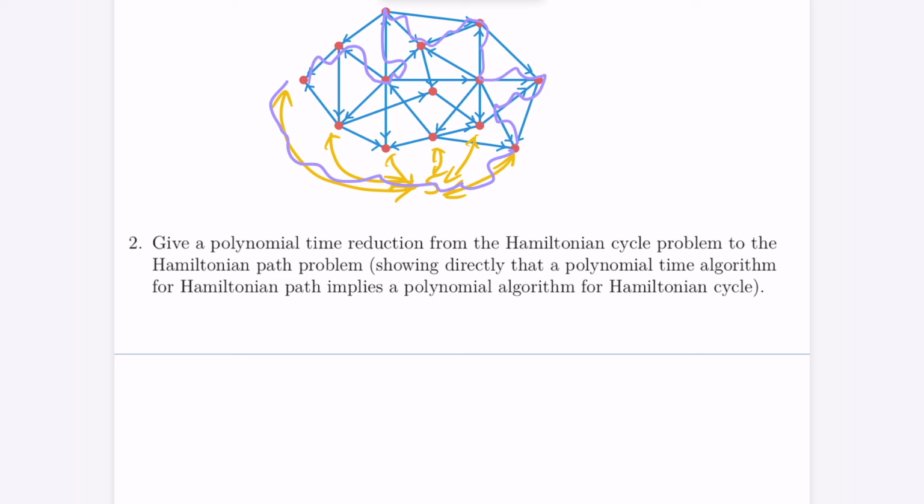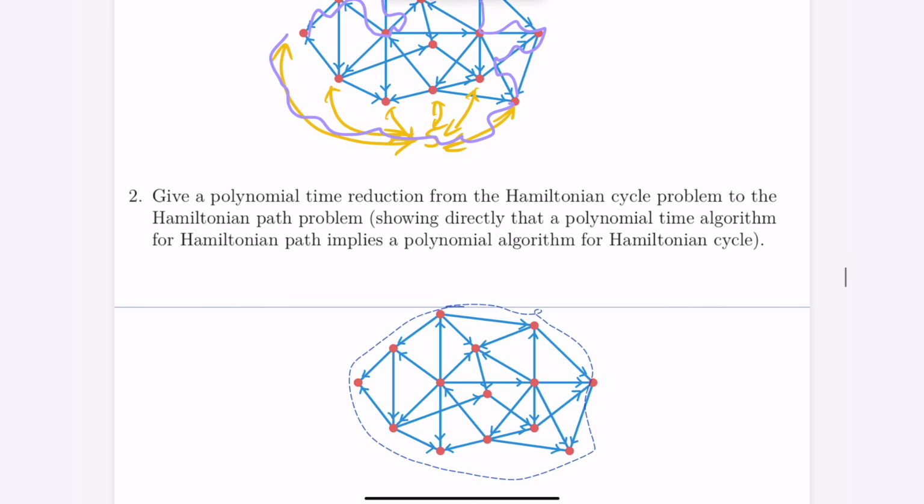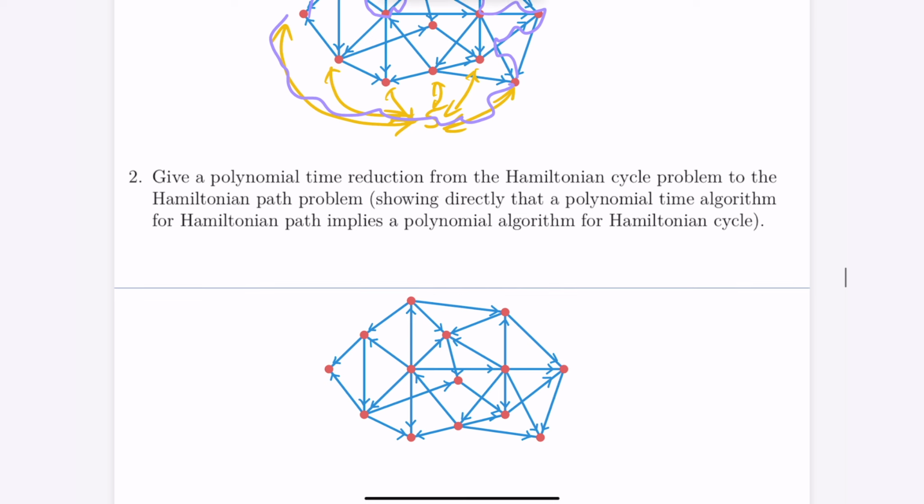Okay, can you now use Hamiltonian path as a black box to solve Hamiltonian cycle? Okay, so let me just go slowly.